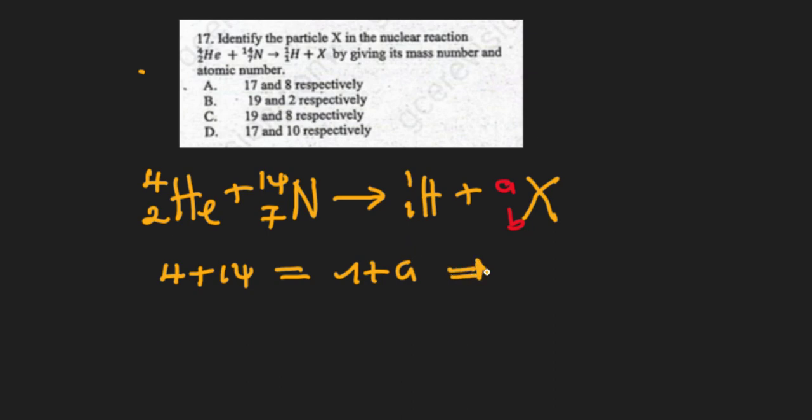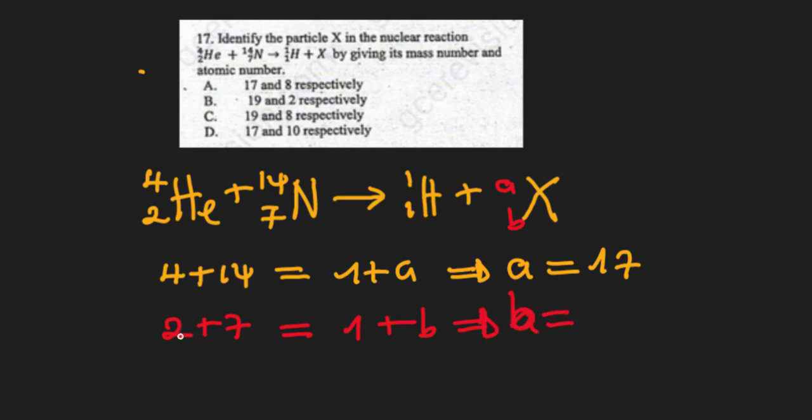If I solve for A, this is already 18. I send this one the other way, it becomes 17. So A equals 17. And I look at the second one for the atomic numbers. I have 2 plus 7 to be equal to 1 plus B. If I make B the subject of the formula, this is 9 minus 1, 8.